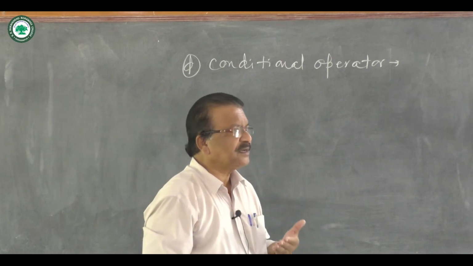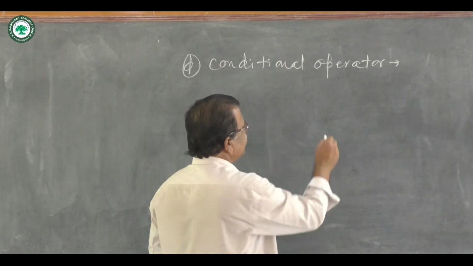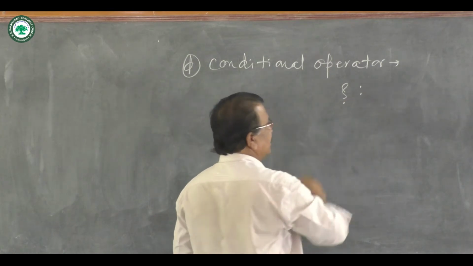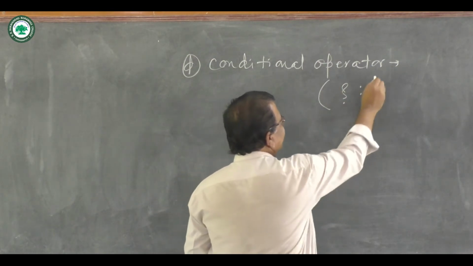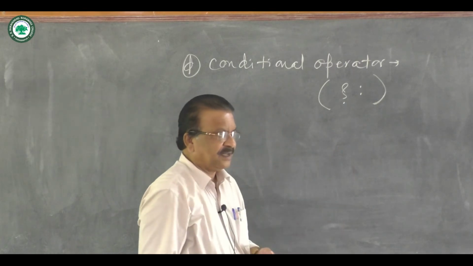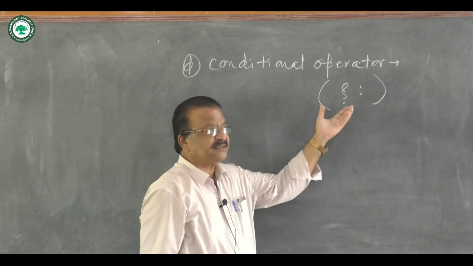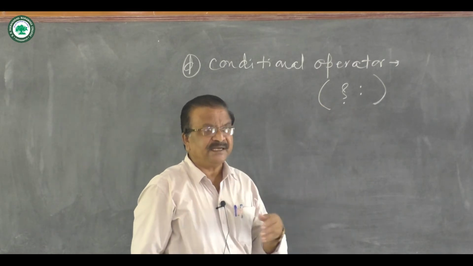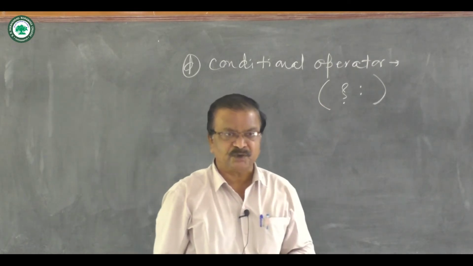A simple conditional operator is this operator, question mark followed by colon. And remember, this conditional operator is a ternary operator because it needs 3 operands for its operation.